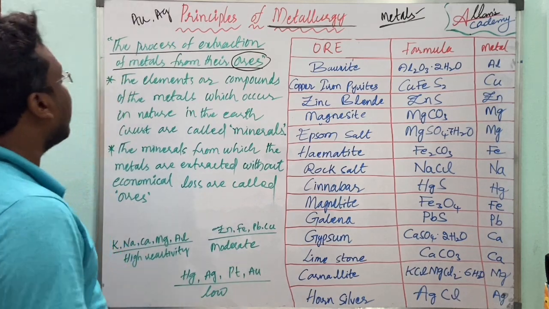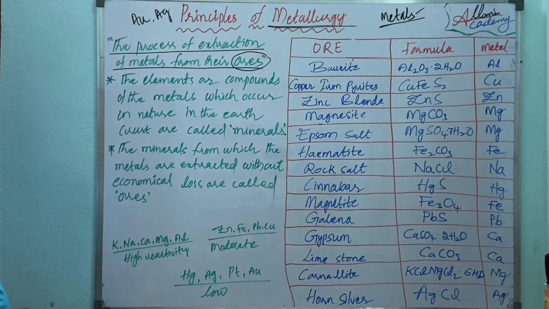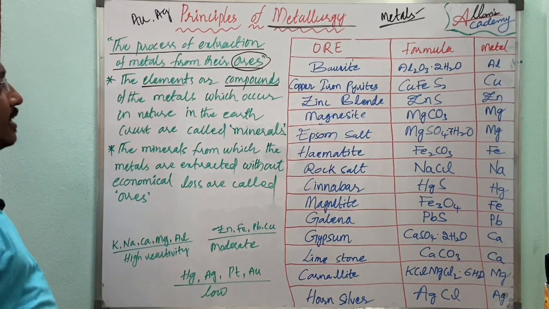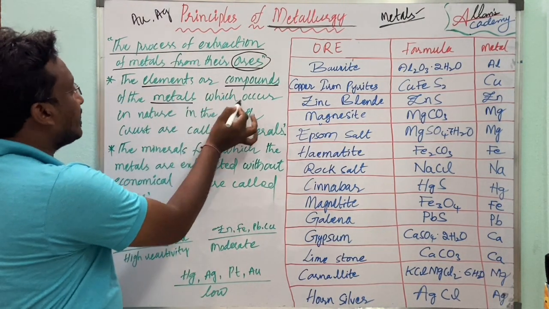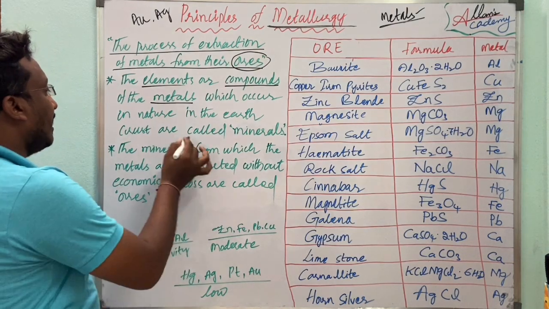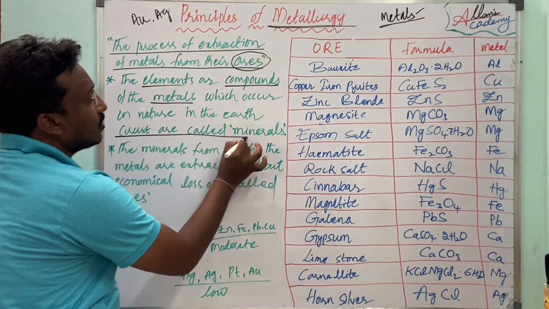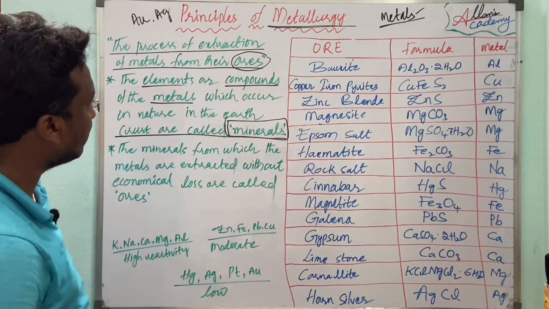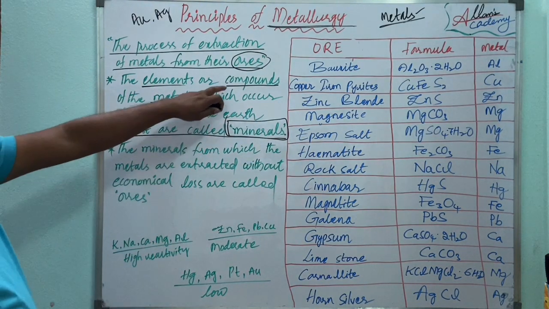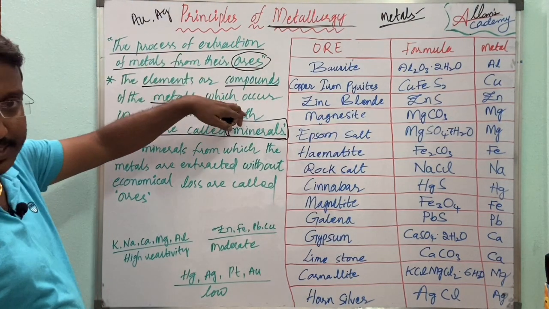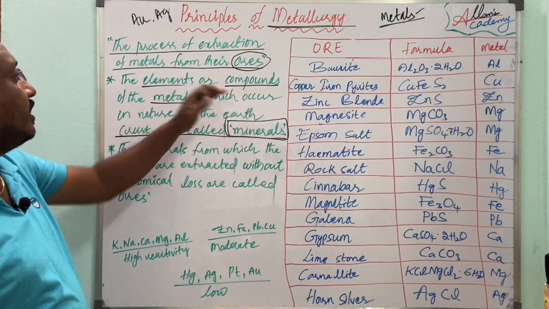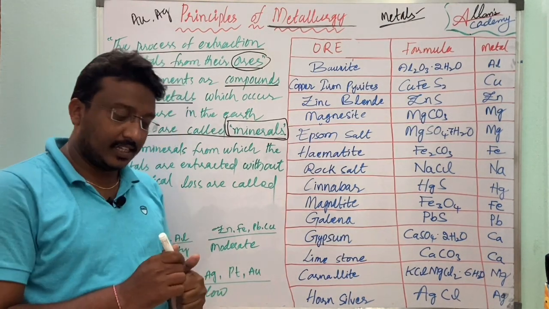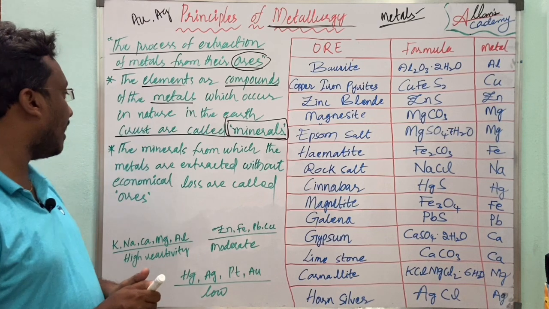Then the elements or compounds of the metals which occur in nature in the earth crust are called minerals. Minerals means the elements or compounds of the elements which occur in nature in the earth crust. Okay?